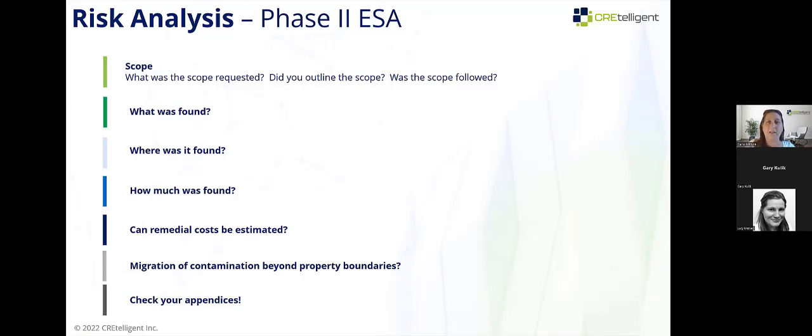Just as easily, you may see the report say that concentrations in bold and red exceed a regulatory standard, but you're looking at the number and you see the standard is 2, but the concentration that was detected is 1, and you can't understand why it was bold and red. You're probably looking at a typographical error. Contact your vendor, talk to them about it, and understand what could be the nature of that. It's really important, though, to understand and verify the work that's coming back to you.